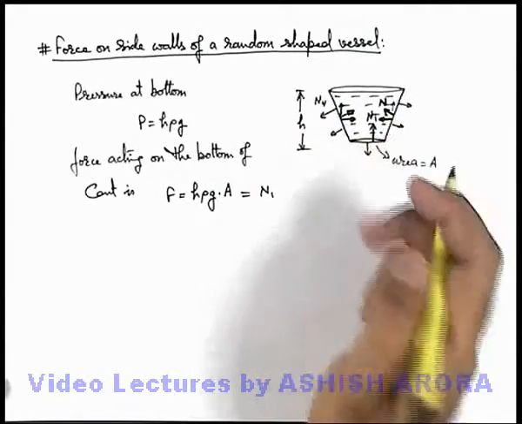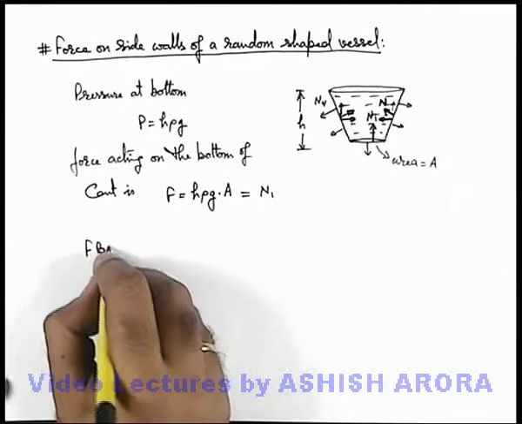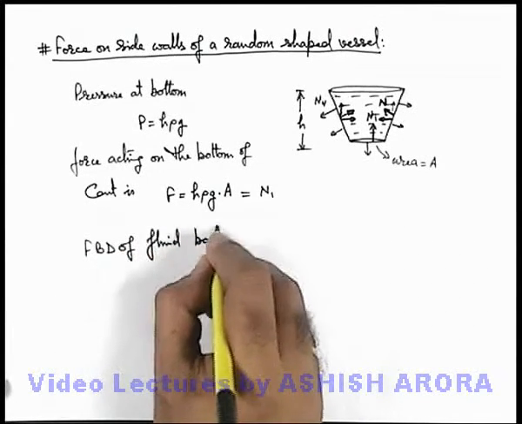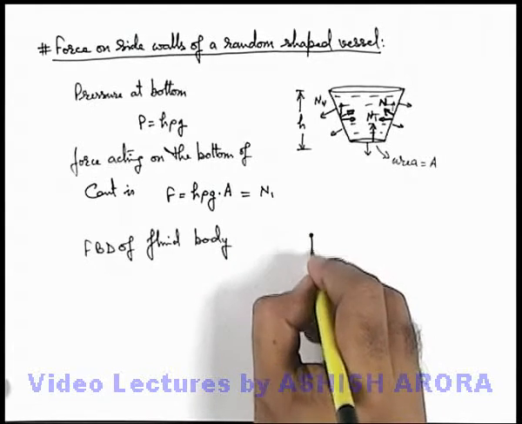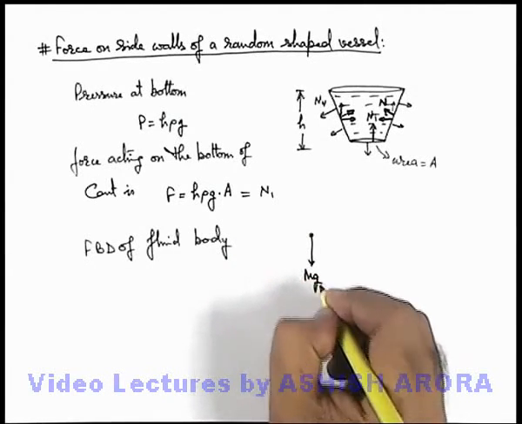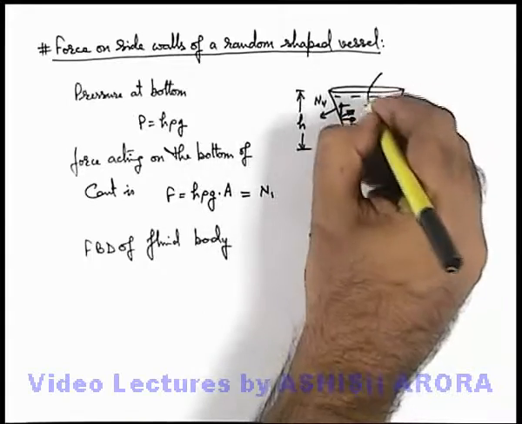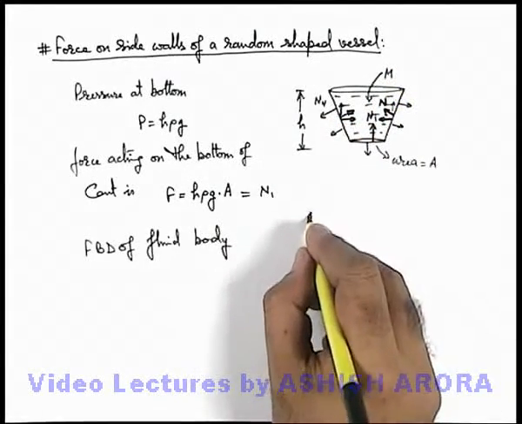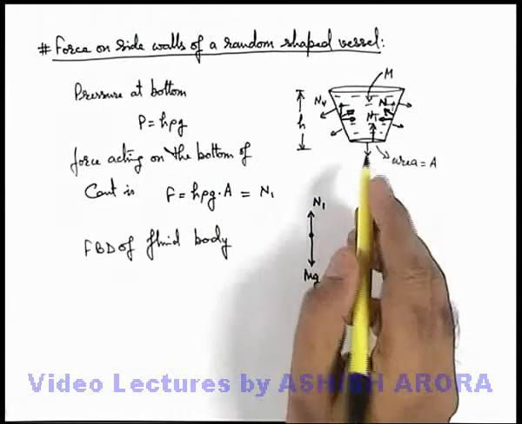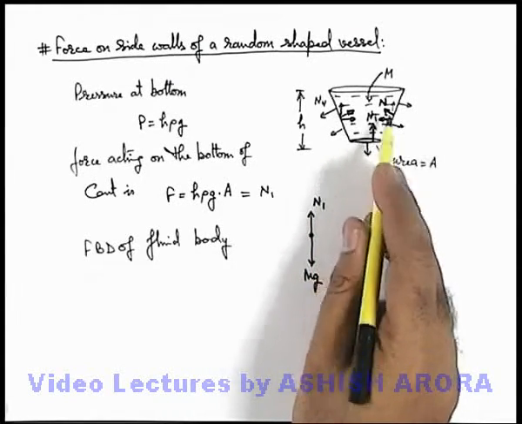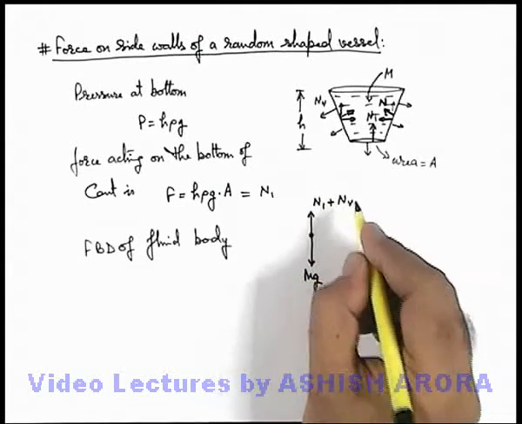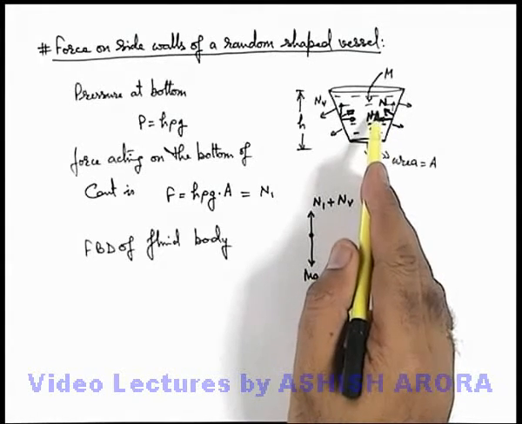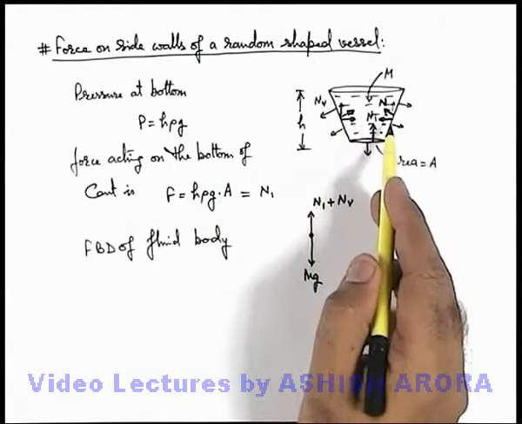If we draw the free body diagram of the fluid body, its weight mg is acting in the downward direction, where m is the mass of fluid taken in the bucket. In the upward direction it experiences N1, the normal reaction due to the bottom, and NV, the vertical component of the force exerted by the side walls, as the horizontal component is already balanced.